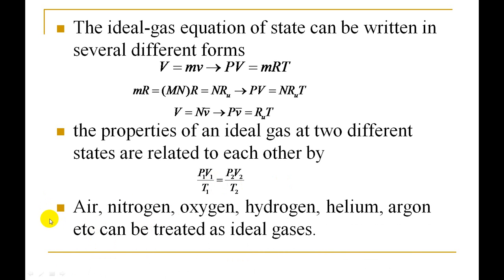These are substances that are considered ideal gases: air, nitrogen, oxygen, hydrogen, helium, argon, and there are also other substances, but these are the basic and most commonly used ideal gas substances.